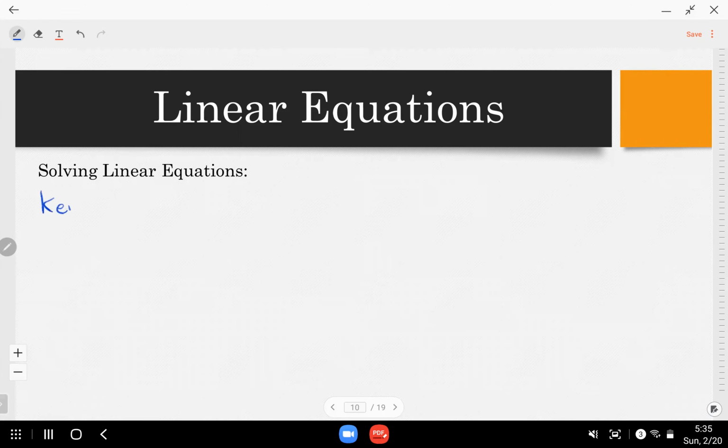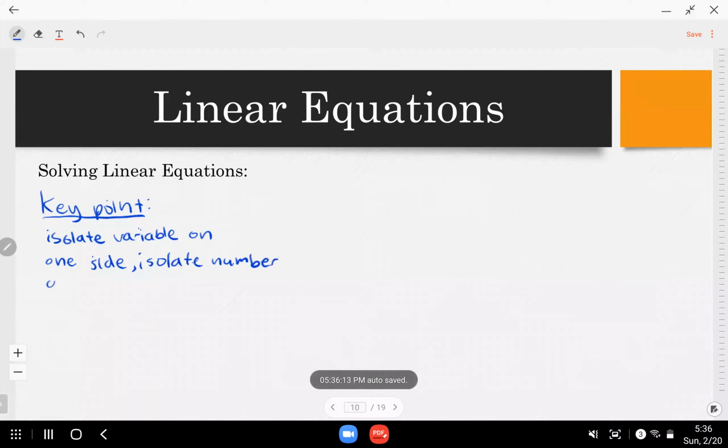The key point: isolate the variable on one side, and then you're going to isolate the numbers on the other side.